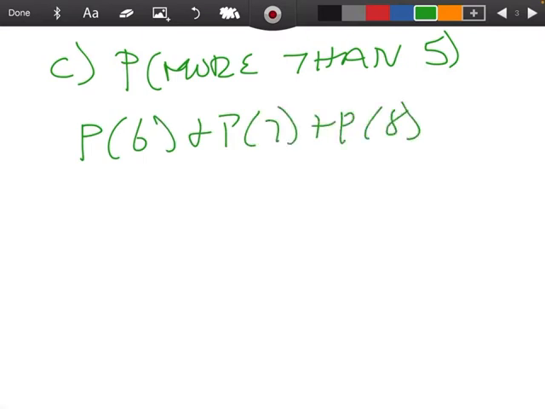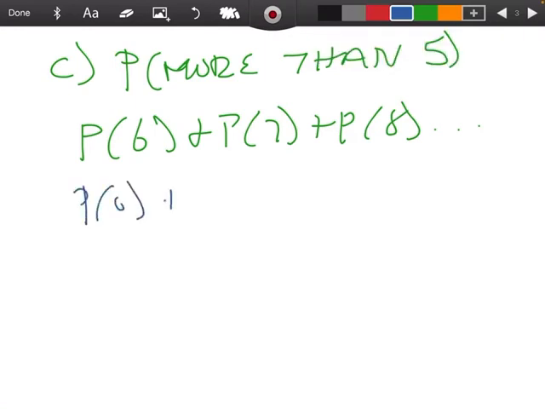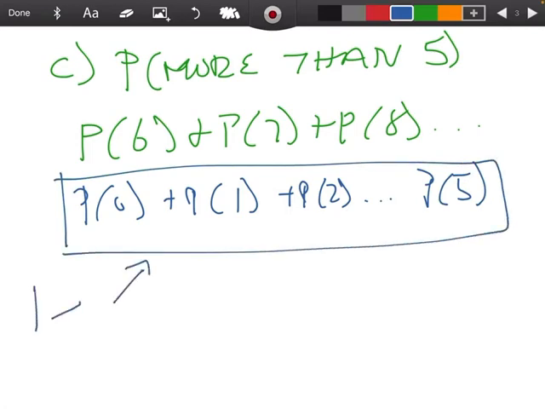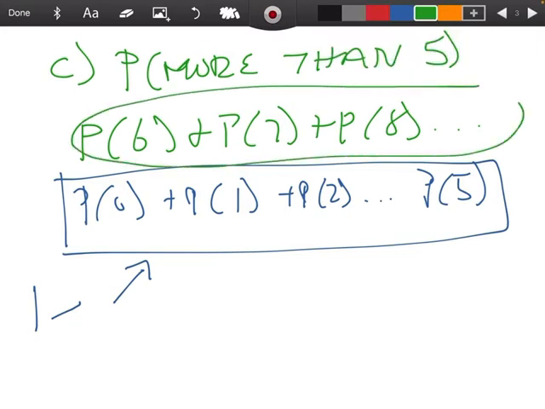So I'm going to do this just like I did the part B, right? So I can say, well, look, if I were to take 0 and 1, right, the probability of 2, and all the way up to 5, and if I were to find this value, and then take 1 minus that value, that would leave me with 6, 7, 8, and so on and so forth, right?